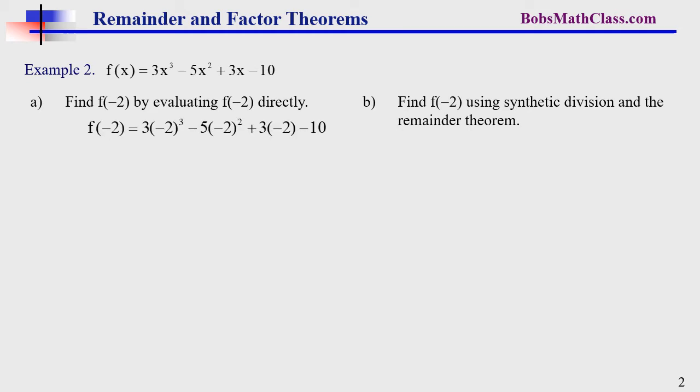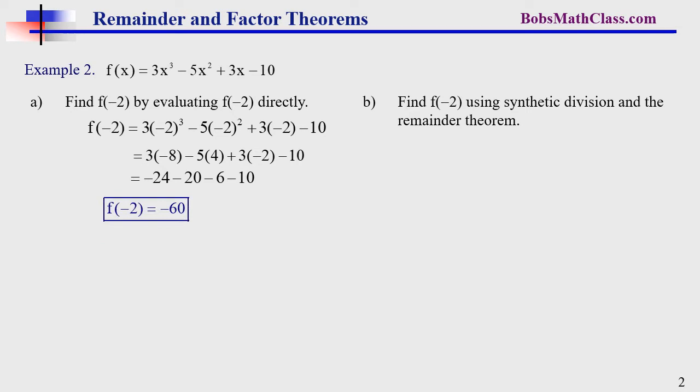Very similar to the last problem. Make sure you do the exponents first, or if you're able to use a calculator, then just plug it into your calculator. Let the calculator do the work for you, right? So negative 2 cubed is negative 8, negative 2 squared is 4, and then do the multiplication. So you should get negative 60.